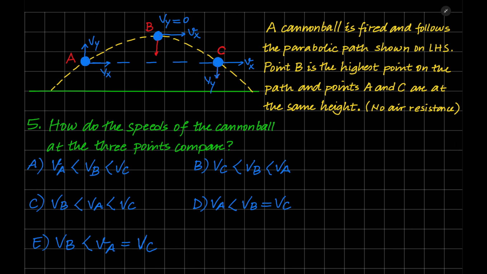So, choice E is correct. The others are false. It says the speed at point B is less than speed at point A, and speed at point A is equal to speed at point C. So choice E is correct. All others are false.